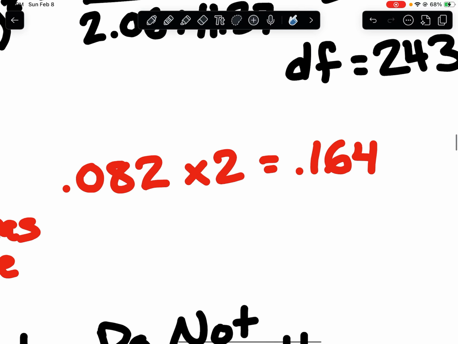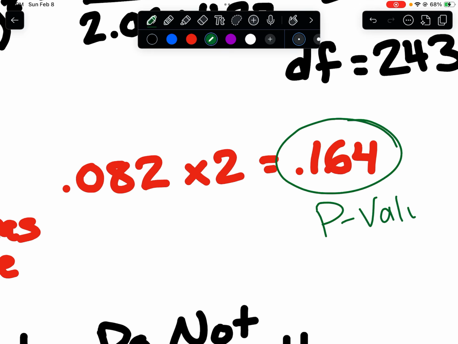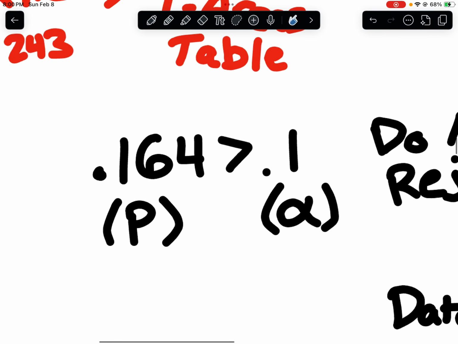So whichever one you went with, you're ultimately going to get something around 1.62, 1.64, right around there. And this is going to be our p-value, like we were finding p-values in chapter 10. The p-values are what we ultimately compare to alpha.